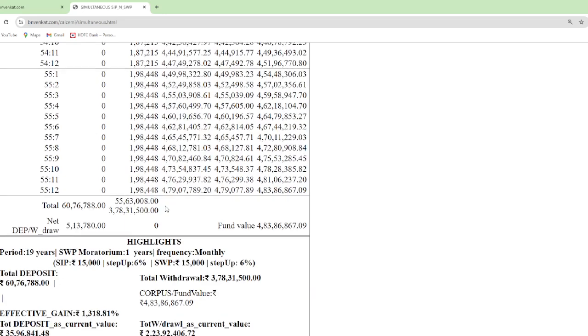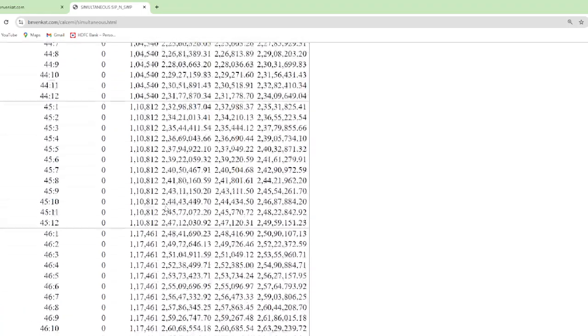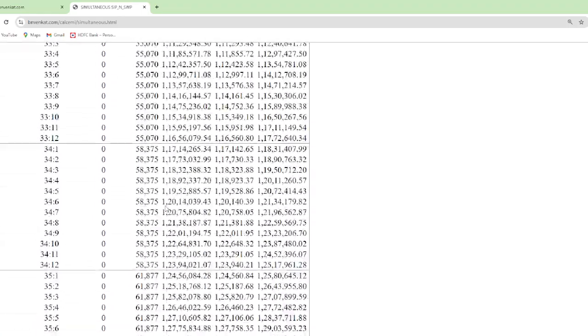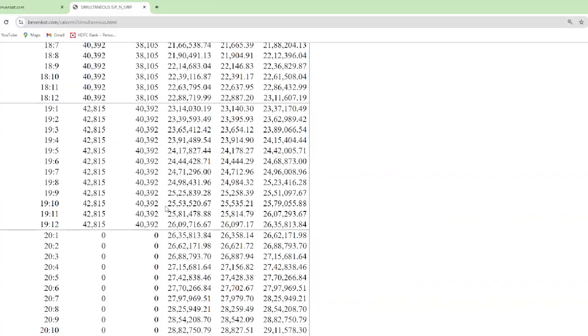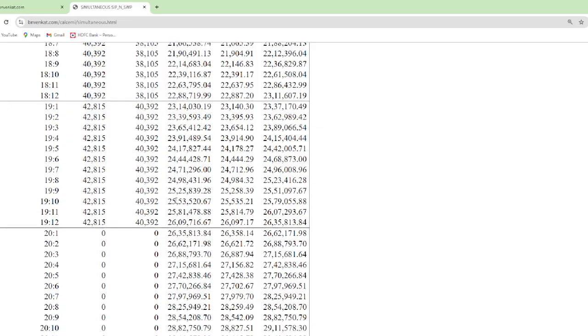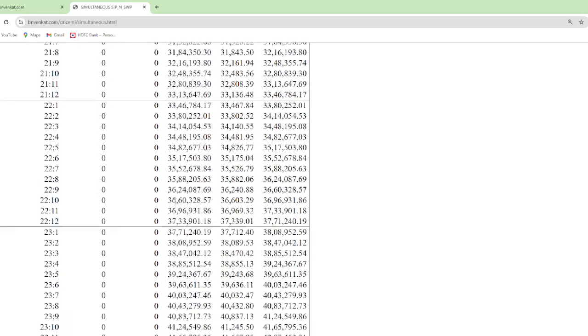Yes. Regarding the tax point of view, during the simultaneous SIP and SWP periods, absolutely no tax liability, and subsequently there is a tax burden.